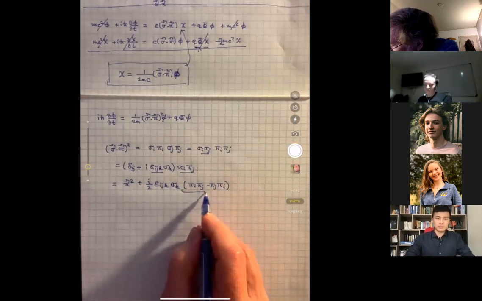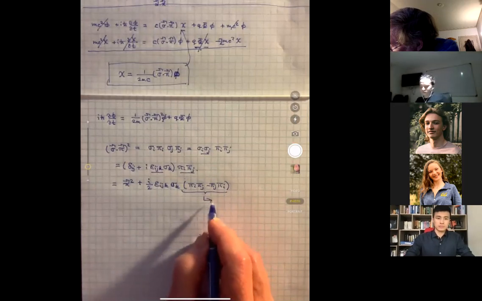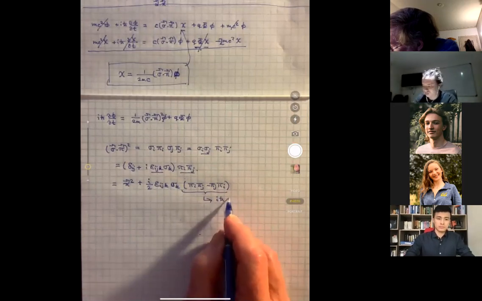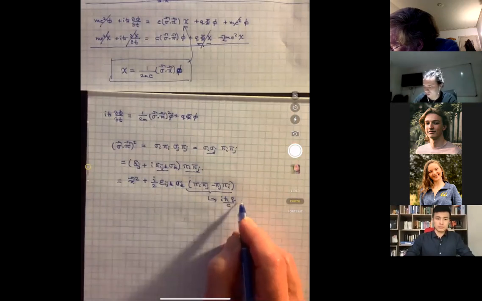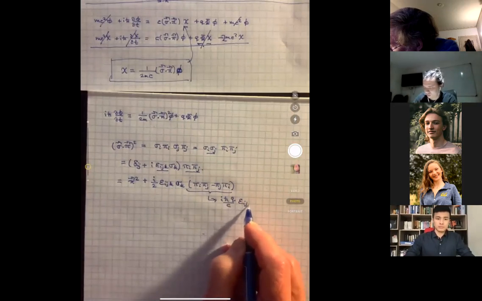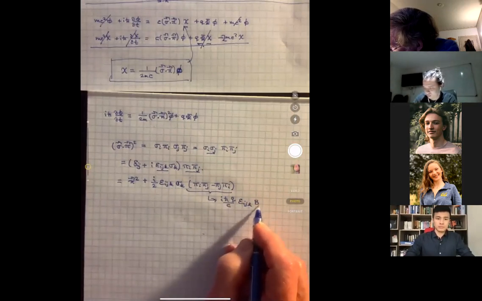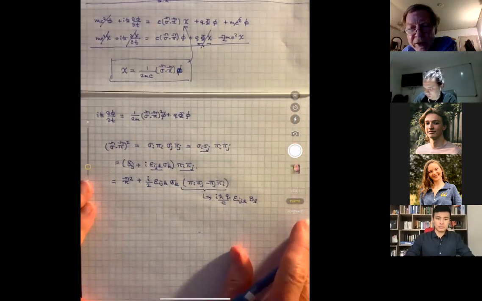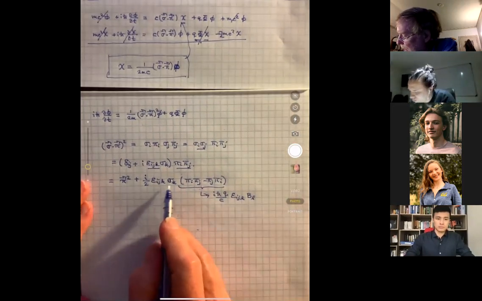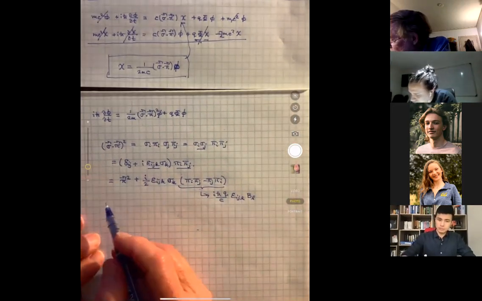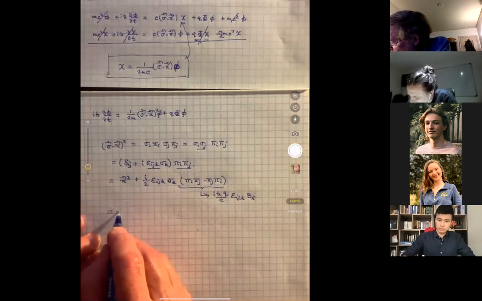But that's the commutator of π_i with π_j, and we've seen that's equal to i h bar times q over c times epsilon ijl B_l. I'm using an index l because I've already used index k over here. All right, and so we get π squared.